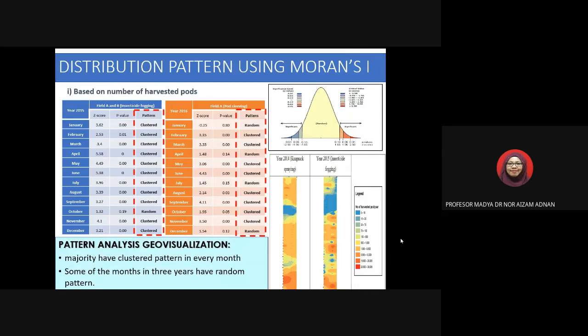Distribution pattern analysis was done using Moran's statistic. The majority of months have a clustered pattern and some months have a random pattern, with a confidence level of 99.9% and a z-score more than plus or minus 2.58.